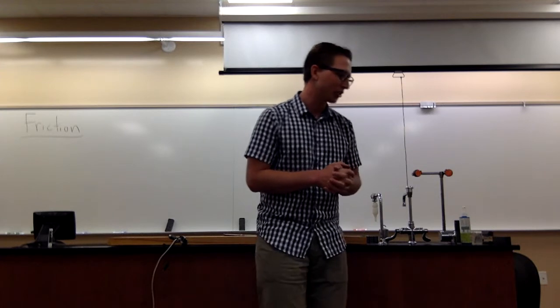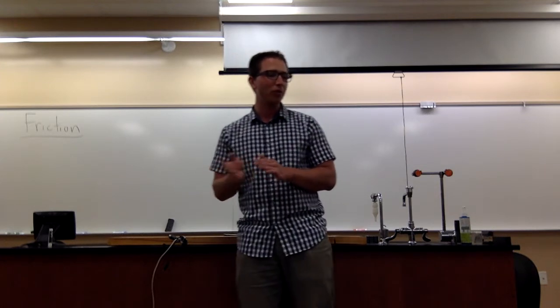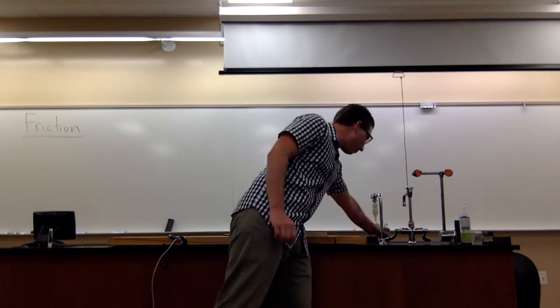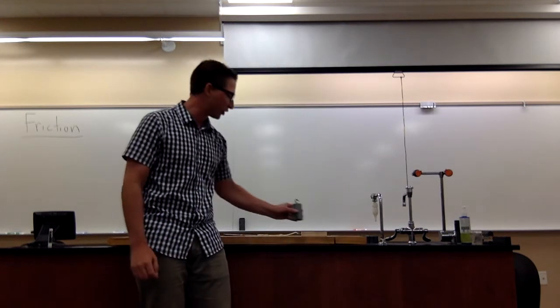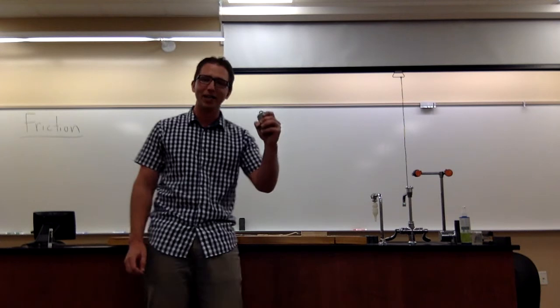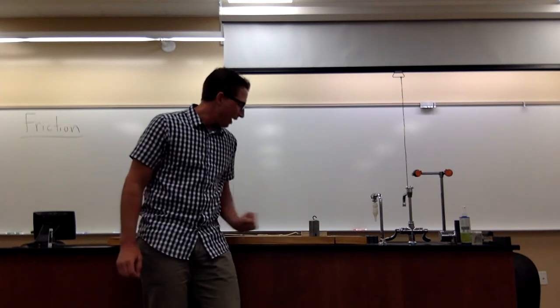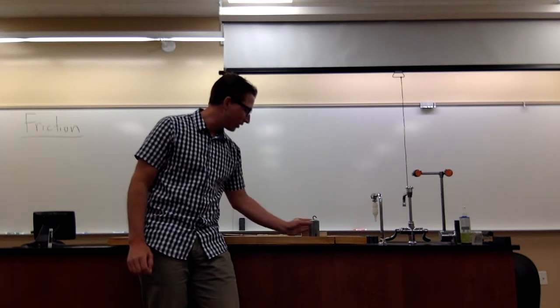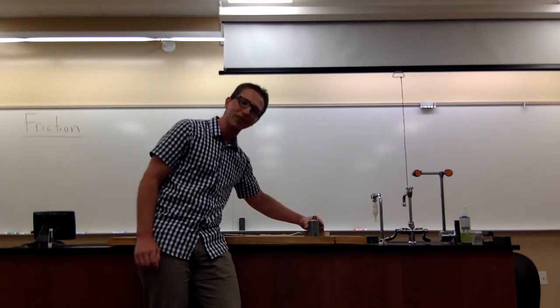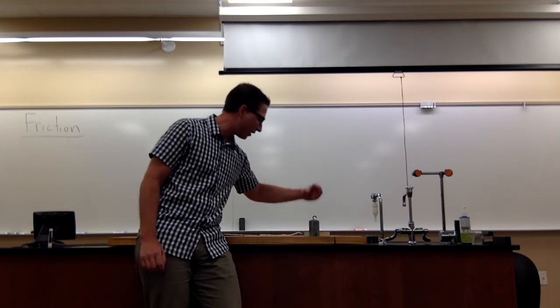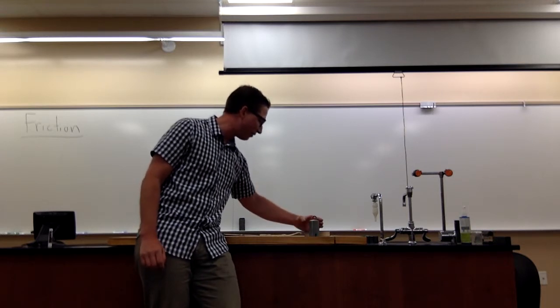And it's not just myself walking back and forth or you walking back and forth, but if I was to try to pick up an object, I rely on friction to grasp it. So I've got a 1 kilogram weight here. In order to pick it up, if I clasp it on either side and begin to pick it up, if I don't clasp hard enough, my fingers slide right off.